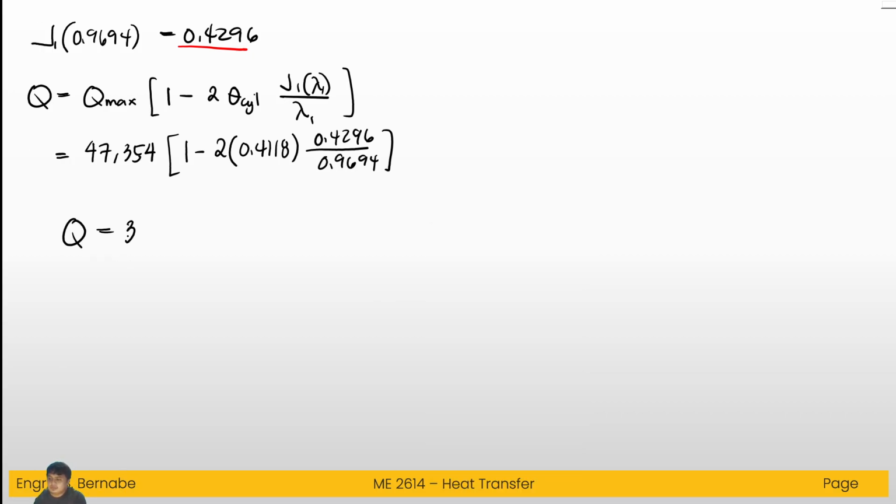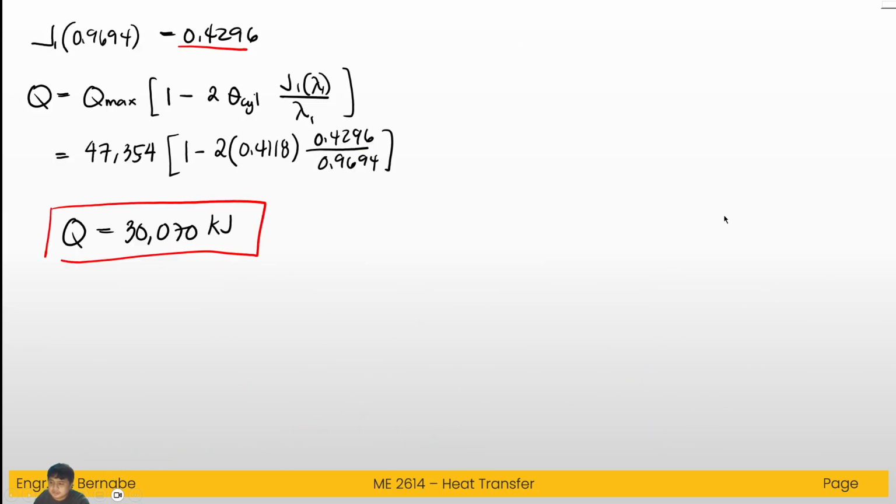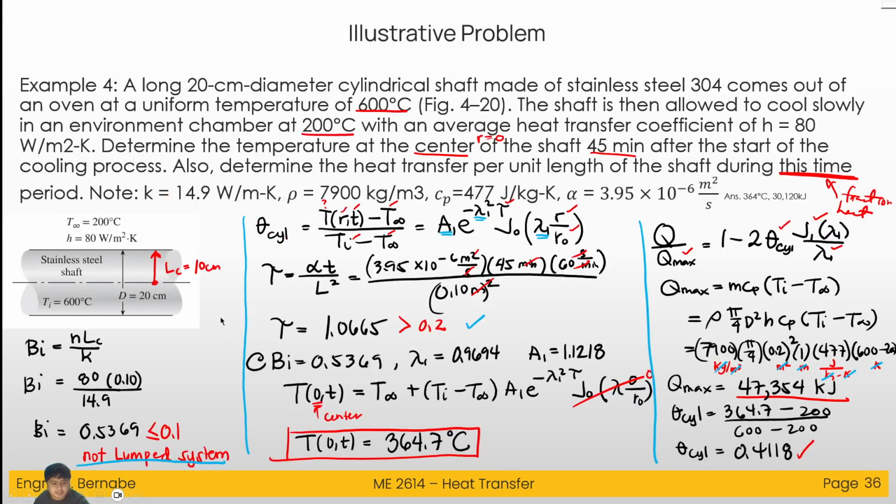So Q is equal to 30,070 kilojoules. Okay, so we got it right. We are off by a little value, but I guess the textbook rounded it off too much. So the answer is 30,000. Okay, so that's it. Thank you guys for listening.